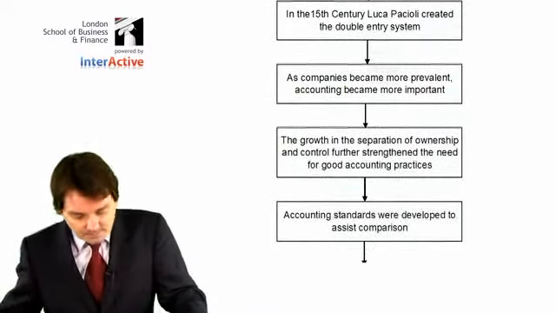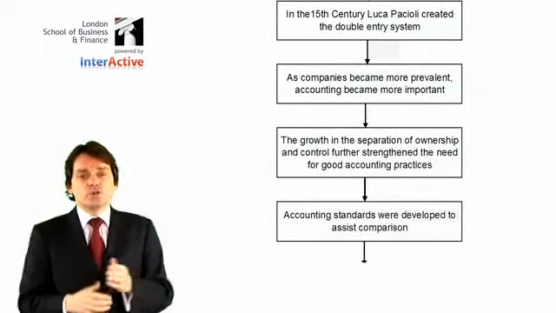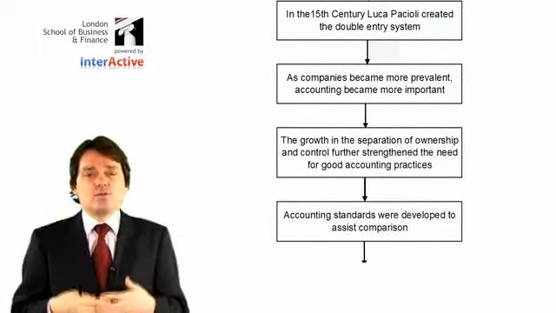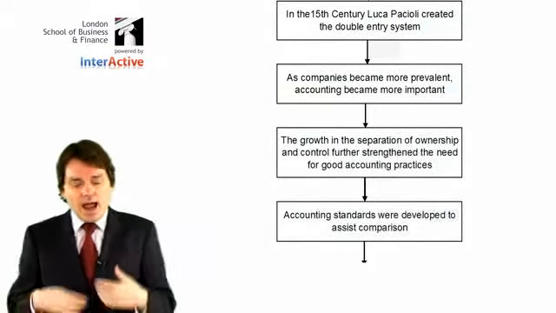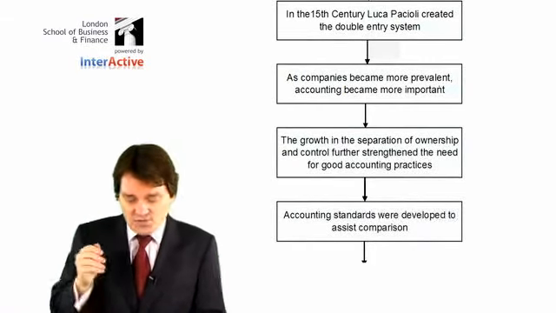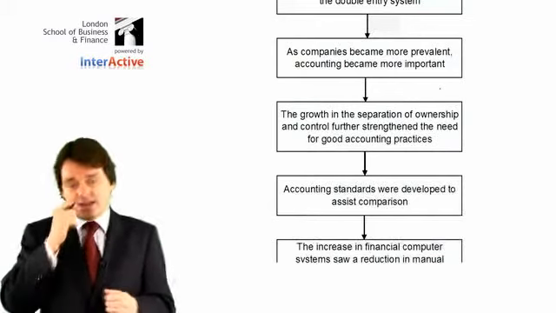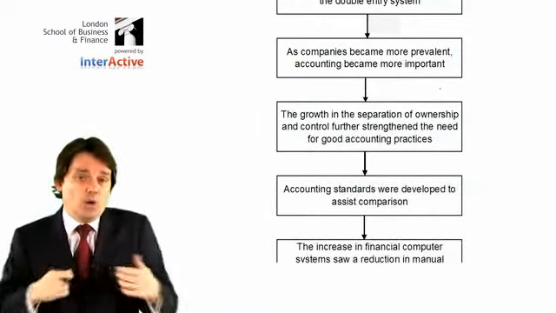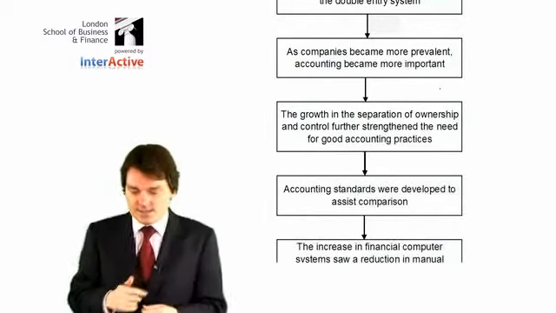So, initially, it was for one person. One person ran a business, and it was simply to keep track of who they owed money to and who owed money to them. As companies started becoming common, you then started having to do accounting because obviously you then had to share some profits out. So you had to know what those profits were. So things became more complicated.